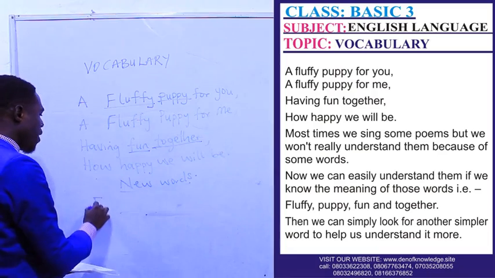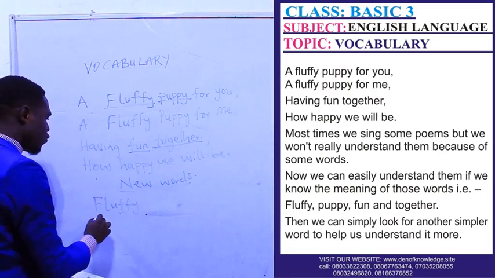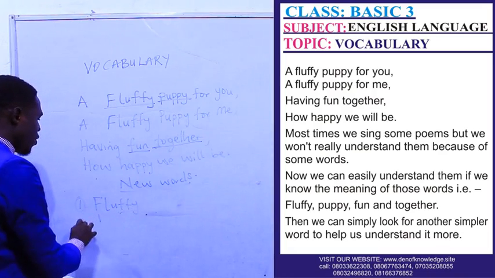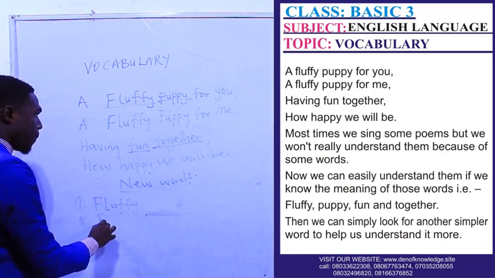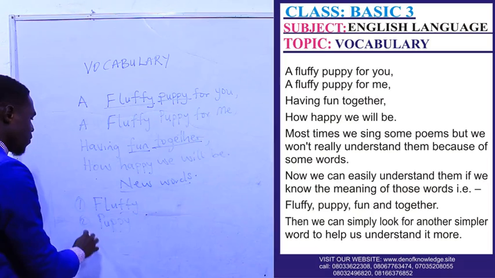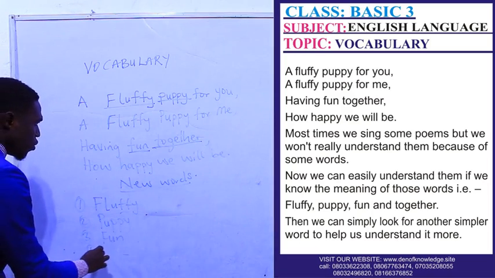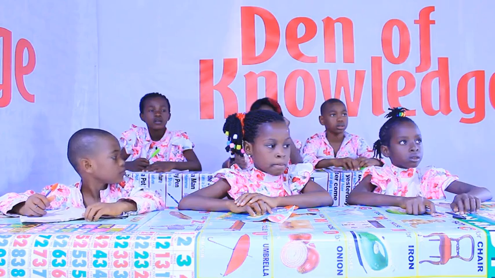Your new word number 1 is fluffy. Number 2 is puppy. Number 3 is fun. And number 4 is together.